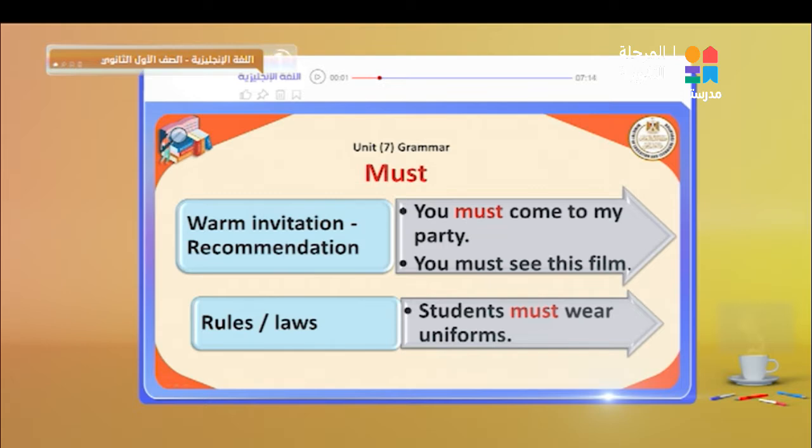When I say you must see this film, it means that I recommend that you watch this film. Again, the word must can express rules, as we said before. So we can say students must wear uniforms. It's the school rule here that students must wear school uniform.